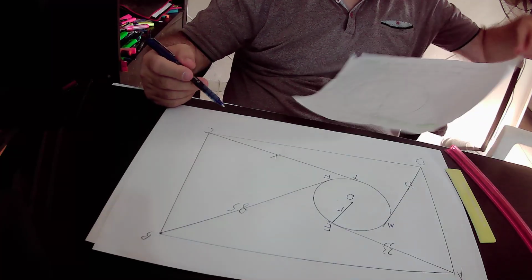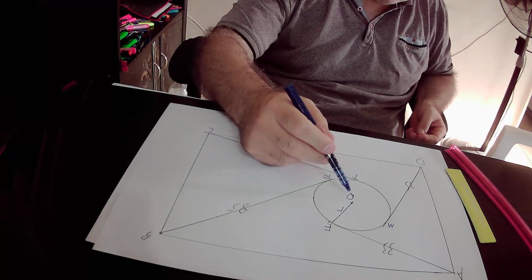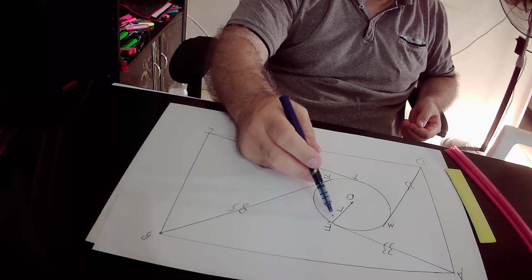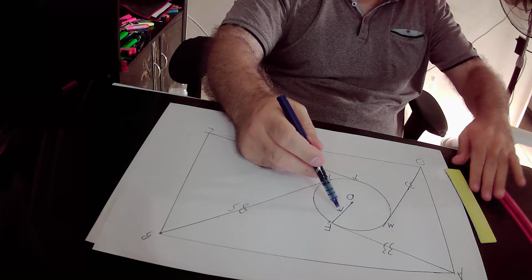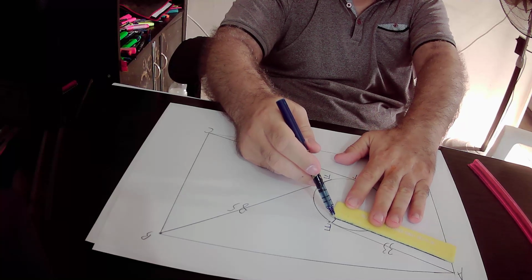We can implement rule number 1 in our drawing, because we have the radius OE that is drawn to the point of tangency. Therefore, according to rule number 1, this angle will be equal to 90 degrees.